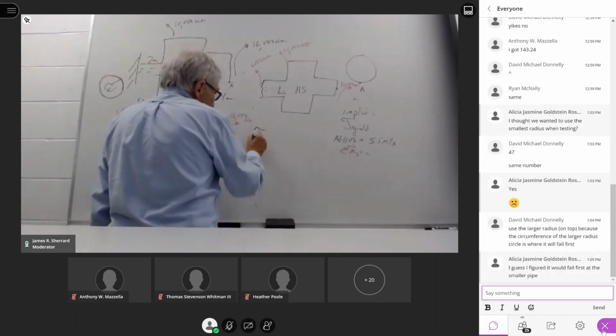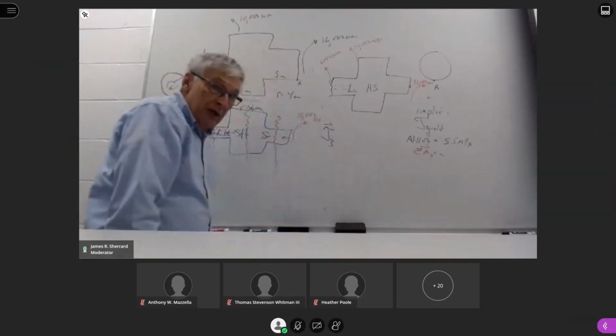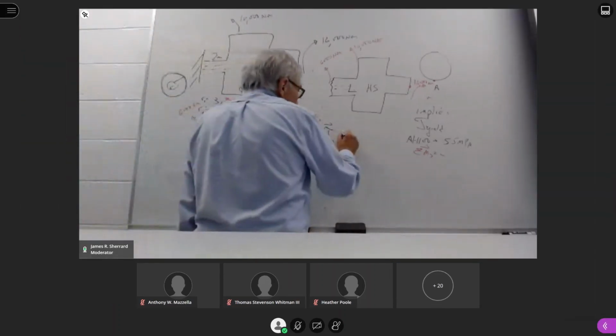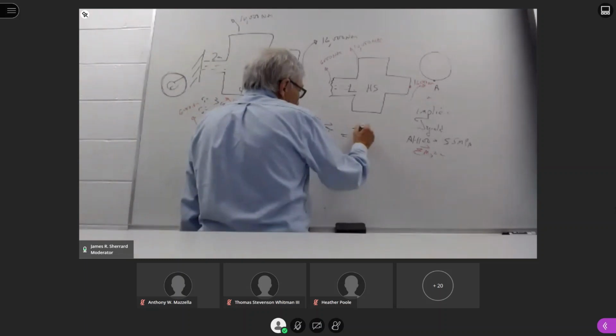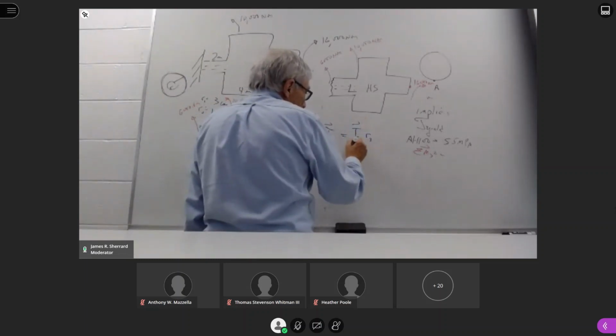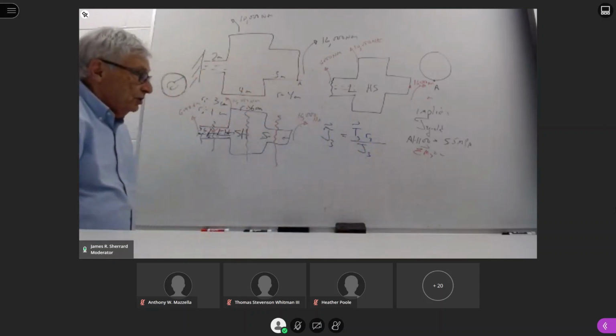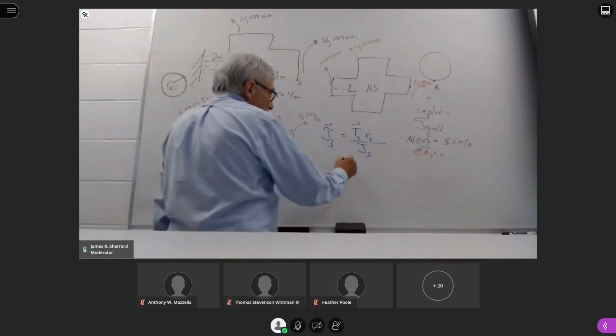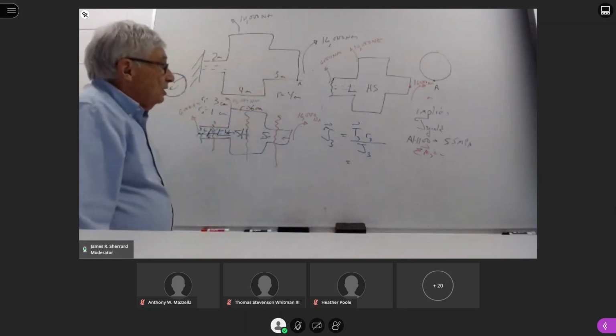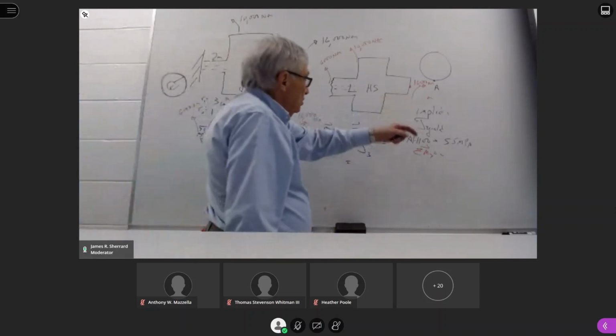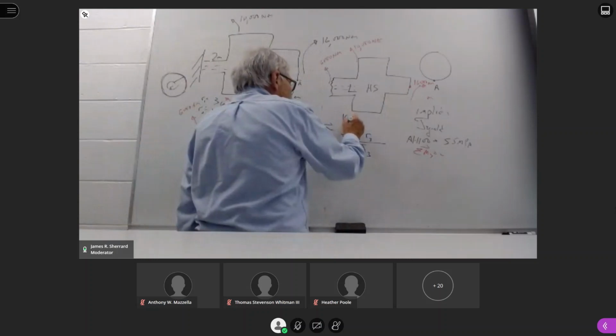And I know the shear stress anywhere in region 3 is equal to the torque in region 3 times the radius in region 3 divided by the polar moment of inertia for region 3. Substituting in values, we just found that this torque was 16,000 Newton meters.